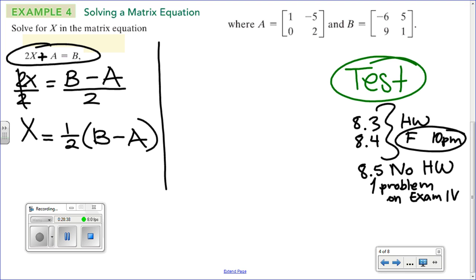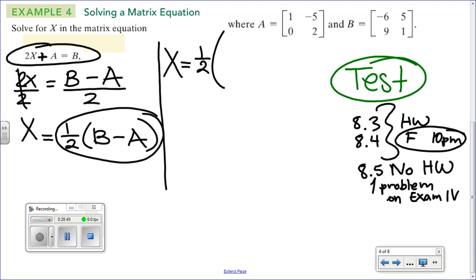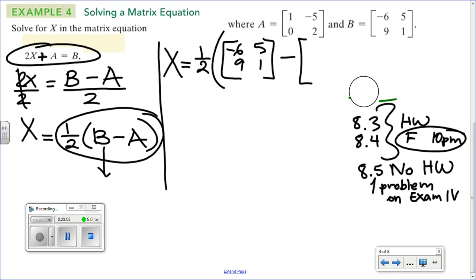So now let's do what we're saying here with the matrices. Matrix X is going to equal 1/2 times, and let's write down our matrices first. First we need matrix B, and then we're going to subtract matrix A, which is 1, -5, 0, and 2.